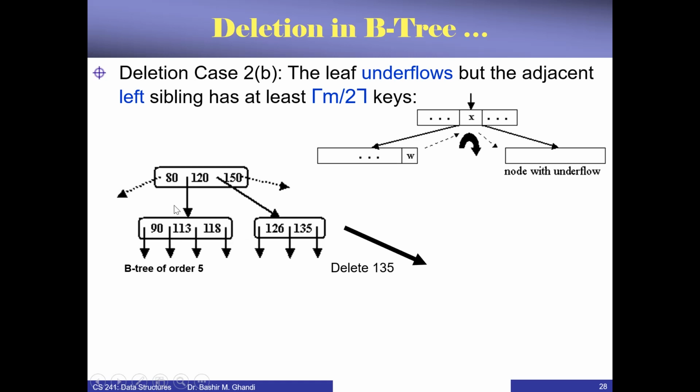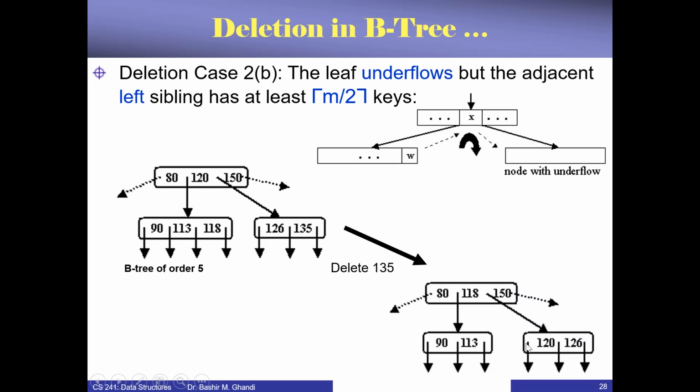It has 3. The minimum is 2. So we can borrow this last element. It is the predecessor to 120, so it will go and replace the 120, which is the parent. 120 will come and join this node. So we have 120, 126 after deleting the 135. And this is what you get as the final answer.